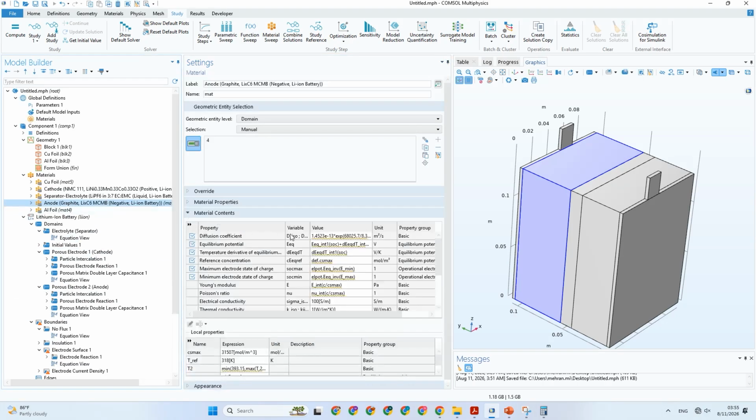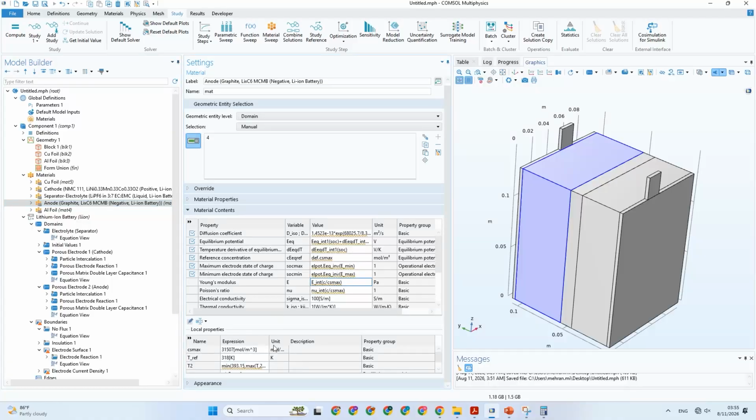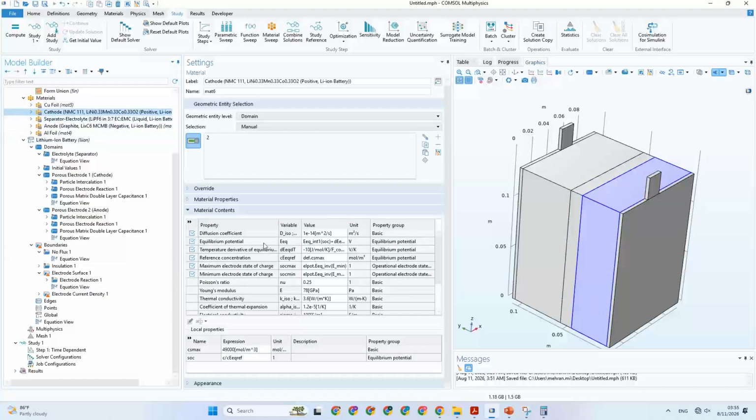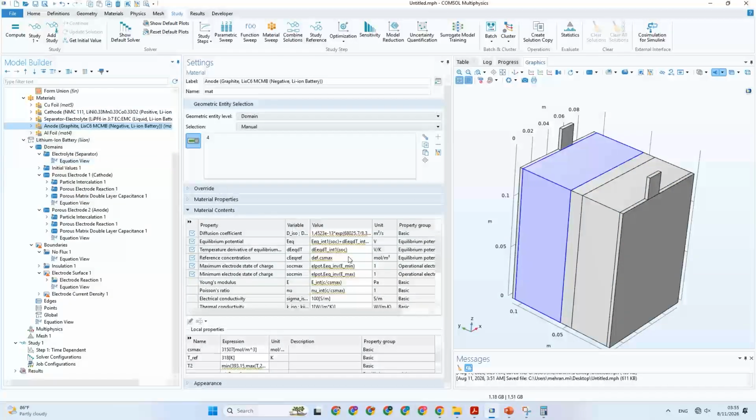Maybe we must define this value SOC, where we can define it. I'm just searching for that. I really don't know. Here we have SOC. I don't know why it couldn't be for anode.